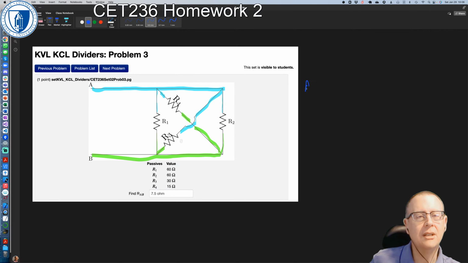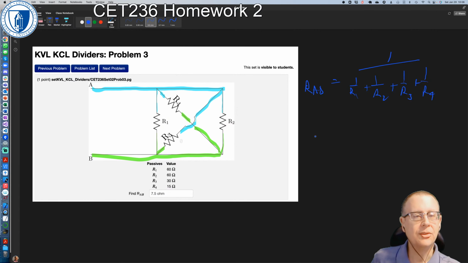And as I said, RAB equals 1 on R1 plus 1 on R2 plus 1 on R3 plus 1 on R4, because all of those resistors are in parallel.